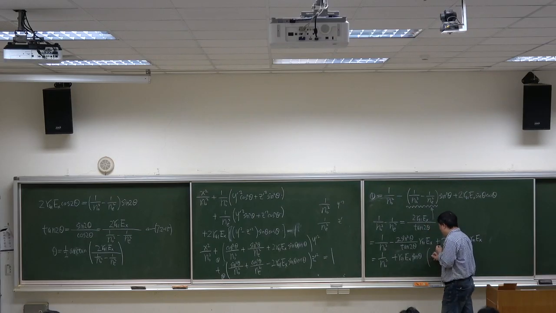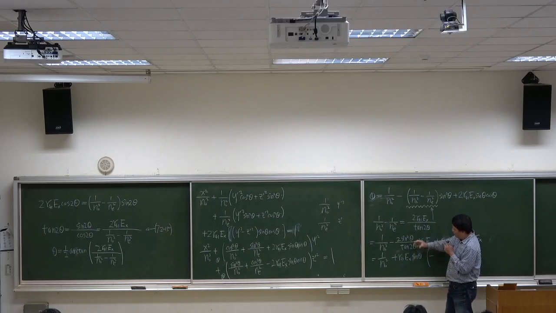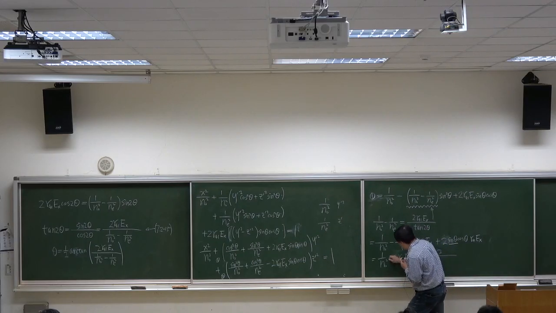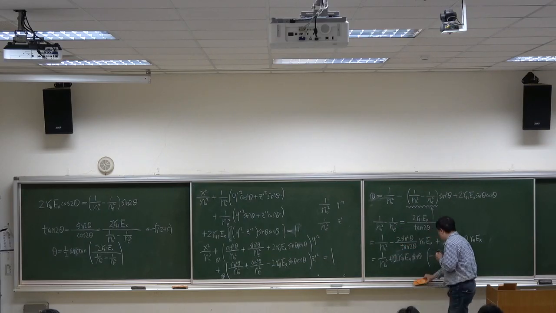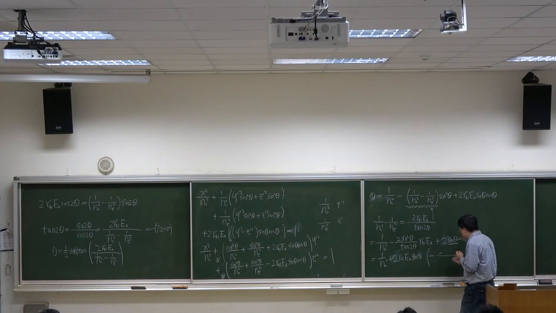And then this becomes, we can write tangent as sine over cosine. So this becomes minus 2. 这边两个2，可以把2也提出来。factor out 2。这边剩下一个 sin theta cosine 2 theta sin 2 theta.